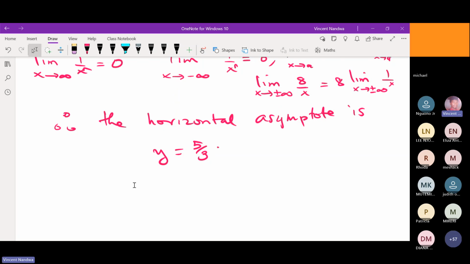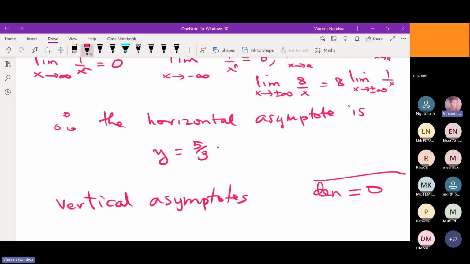And also check how we compute vertical asymptotes. Basically, to calculate vertical asymptotes, you simply take the denominator, equate it to 0, and then get the equation. Check how to do that.